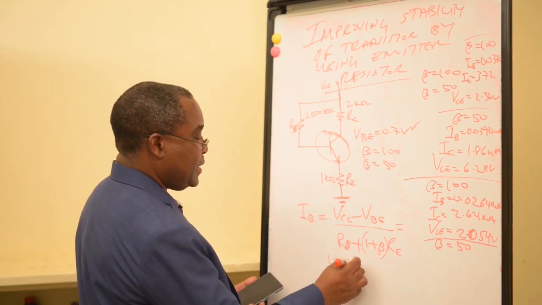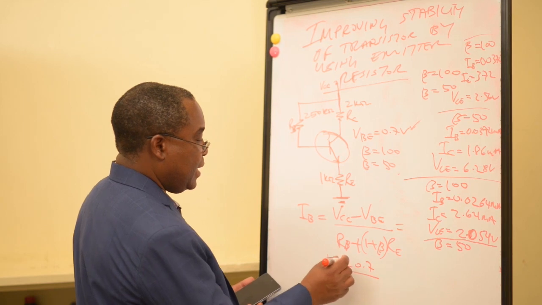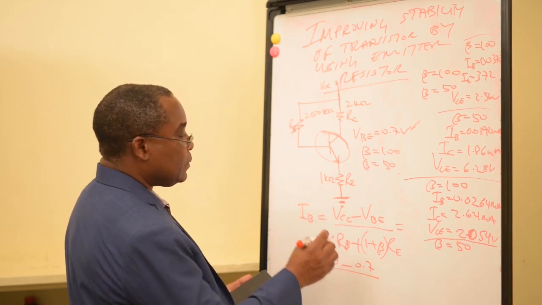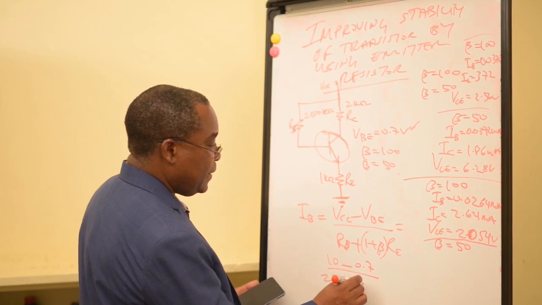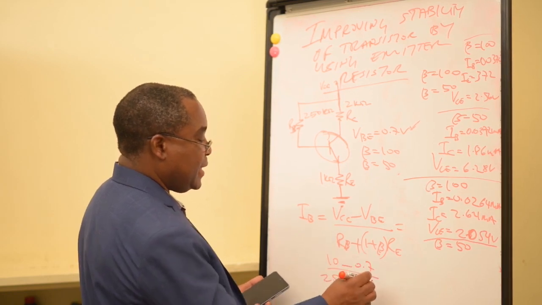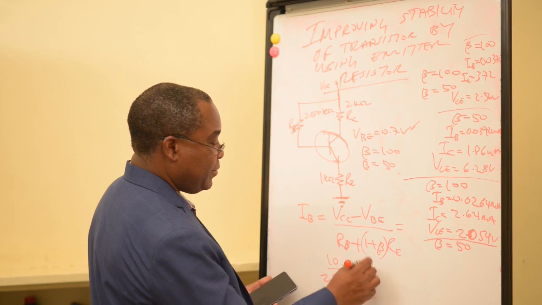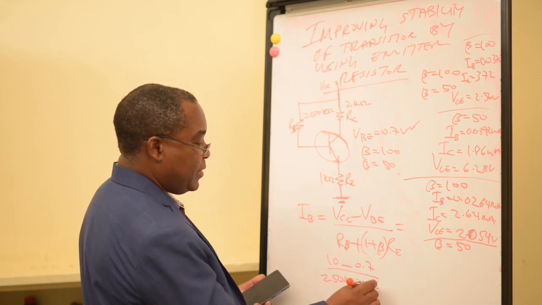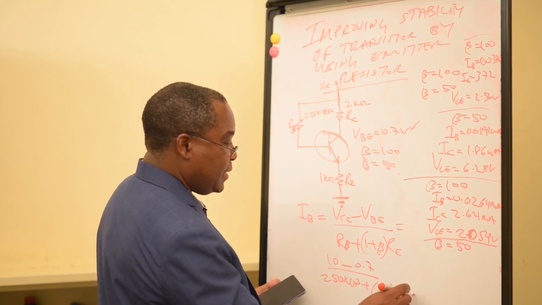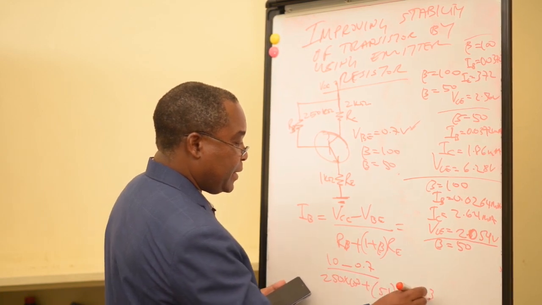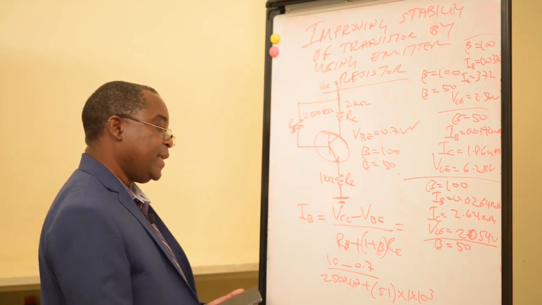VBE is 0.7 over RB, which is 250 times 10 power 3, plus our beta is 50, so we have 50 plus 1, 51 times RE, which is 1 times 10 power 3, 1 kilo ohm.